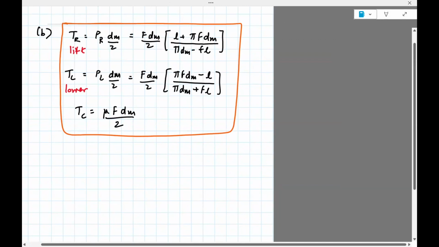Wait, it's the opposite, right? No, TR is lifting, and lowering is TL. Yeah, this is right. This is what I've written is right.